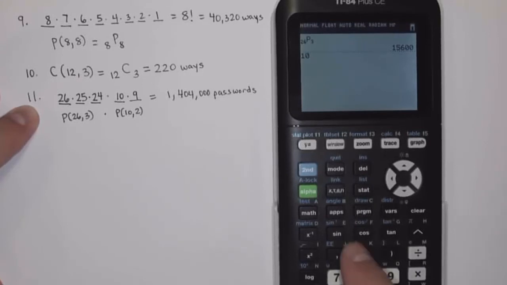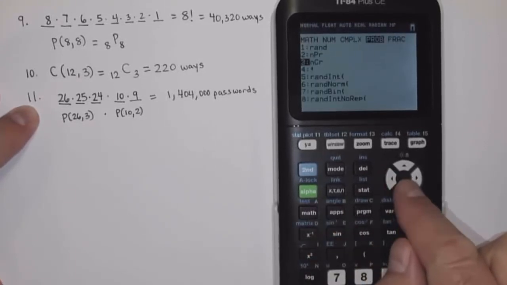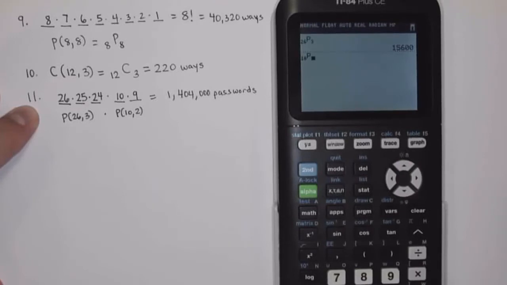If I take 10 permutation choose 2, that is 90. And if I take 15,600 times 90, that also gives me the 1,404,000. So either way we think of that calculation, it's 1,404,000 different passwords that are possible.